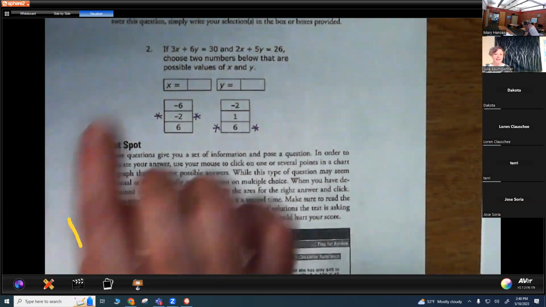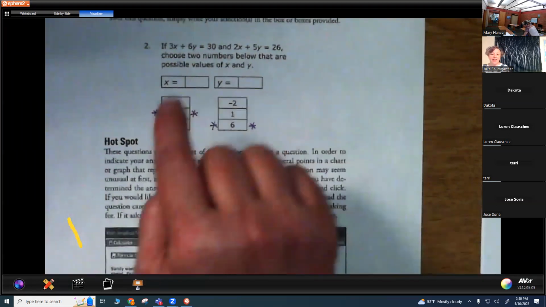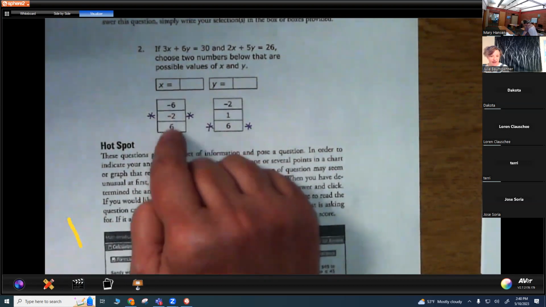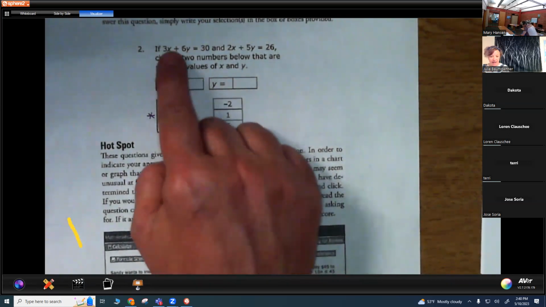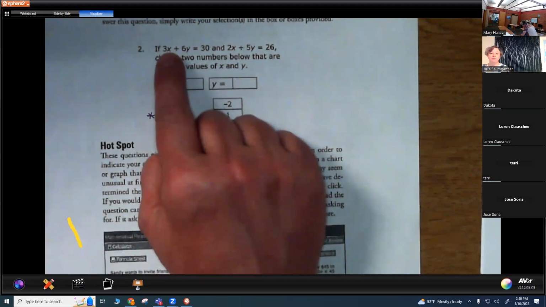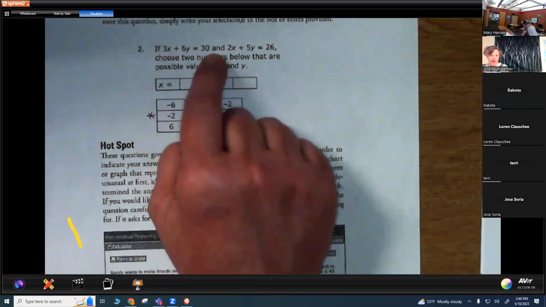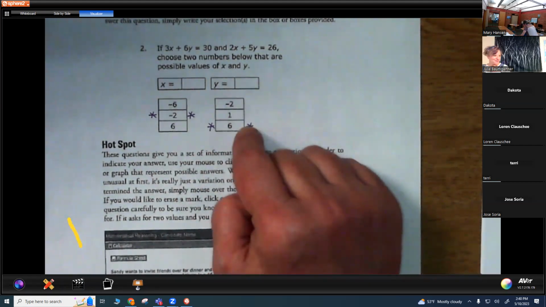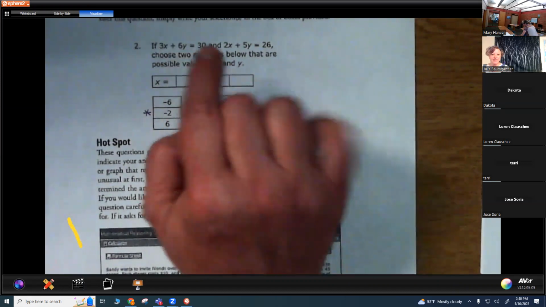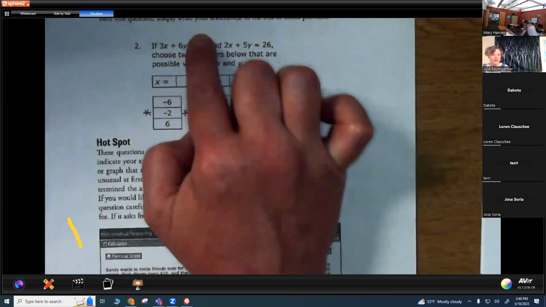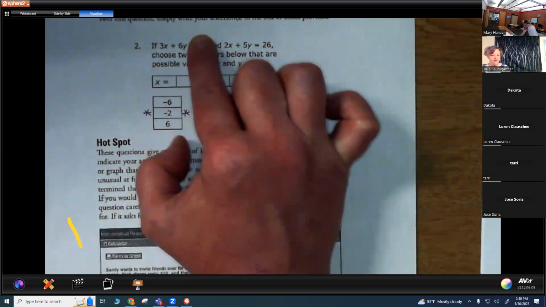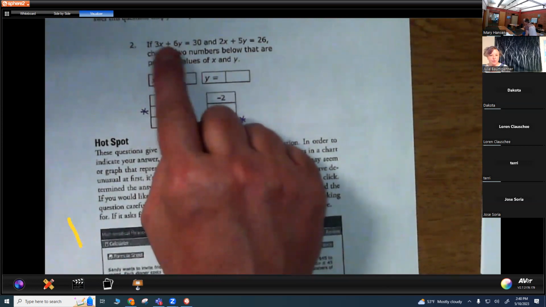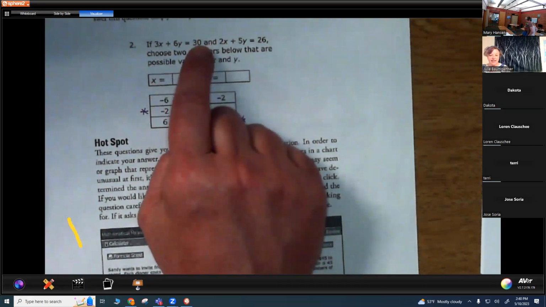So basically this question is telling us that when we set X at one of these 3 values and put it into our equation, it should make a true statement if we've also found the correct Y to go in there. So what combination of our numbers here and our numbers here can we put into this equation to get our answer?